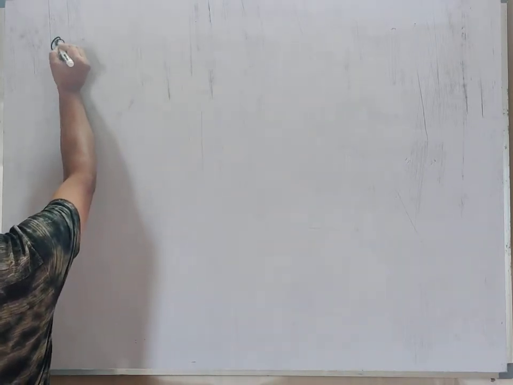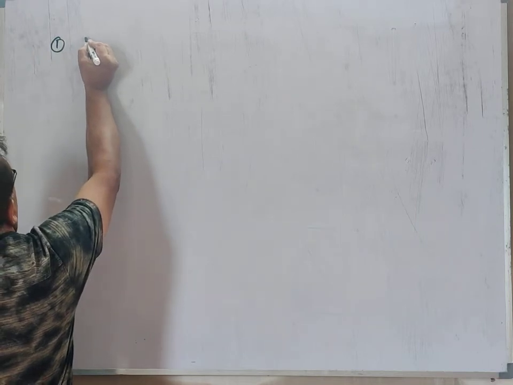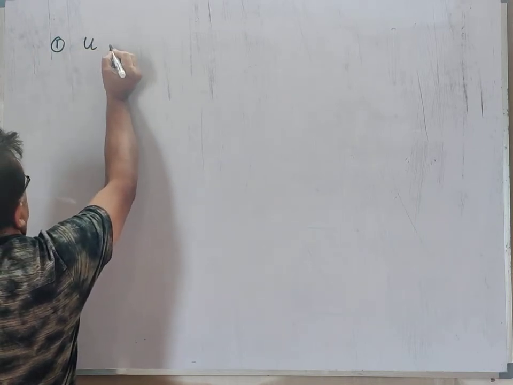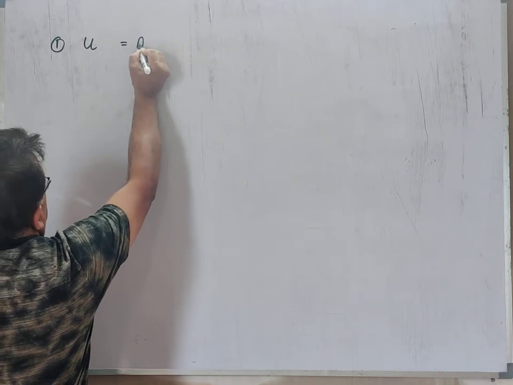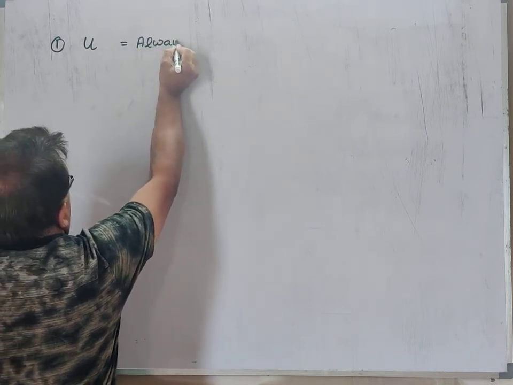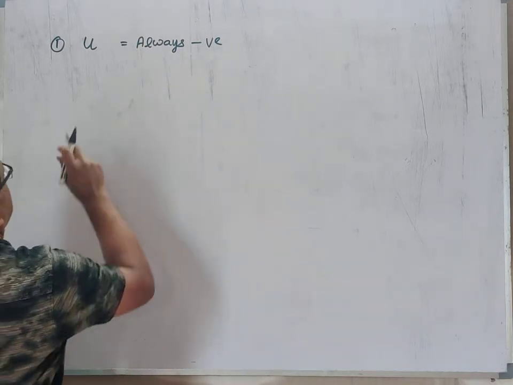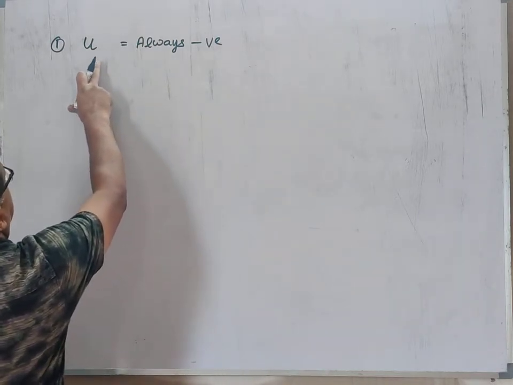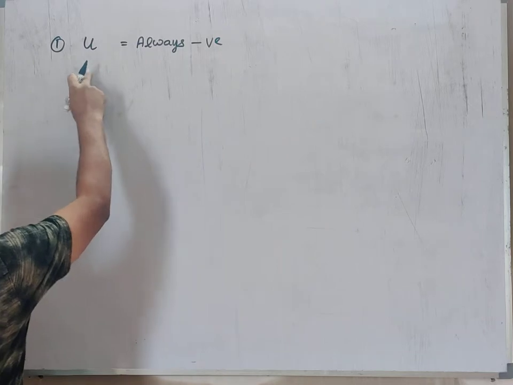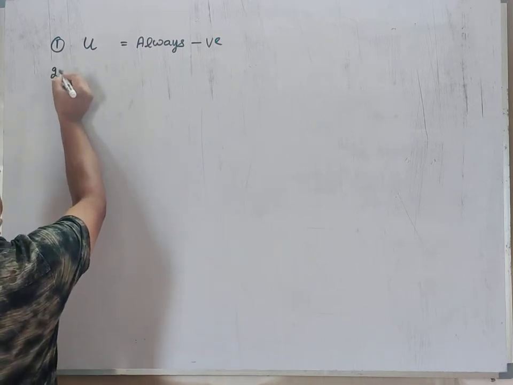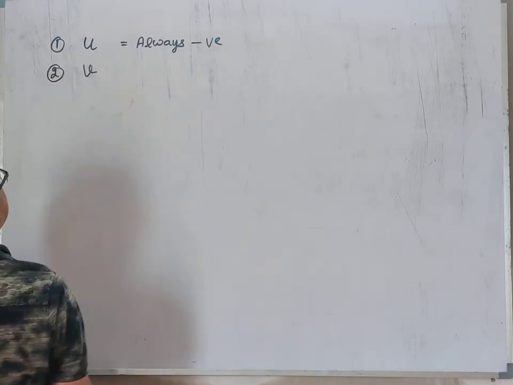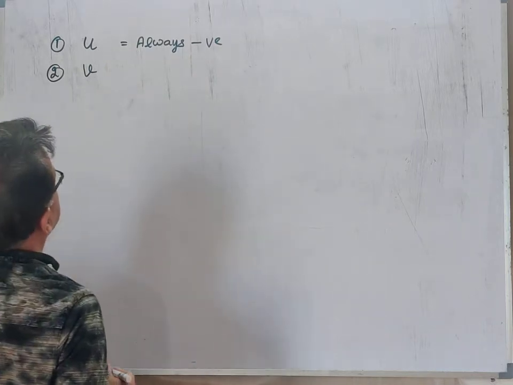Number 1, you know u is object distance, so it is always negative. We shall always place a negative sign with the object distance, that is with the u. Second is v, which is image distance.